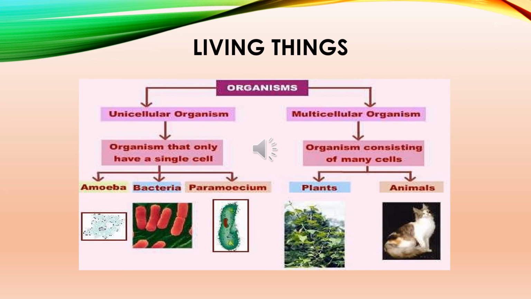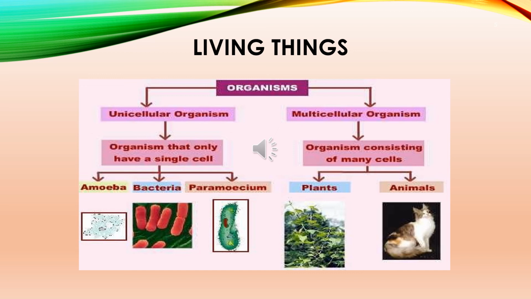So those are the differences between a unicellular organism and a multicellular organism. And here, when you see this page, you can see that there is a huge difference between one and the other. Look at the complex body of the multicellular, and look how simple the body is for a unicellular. Okay, so remember, living things can be unicellular or multicellular.